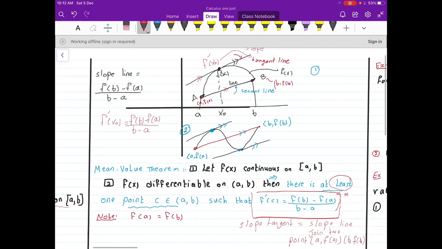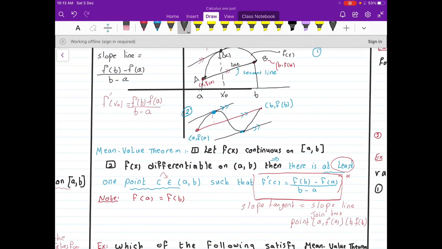In graph 1 we found only one point such that the tangent line is parallel to the line that joins the two points A and B. In graph 2 you have two points, so at least means you can find one or more, and this point must belong to the interval (a, b).